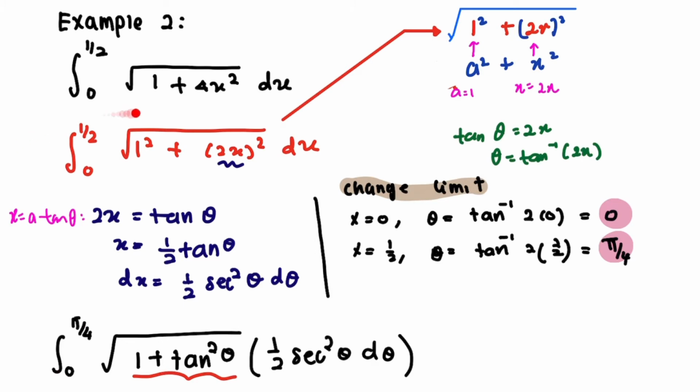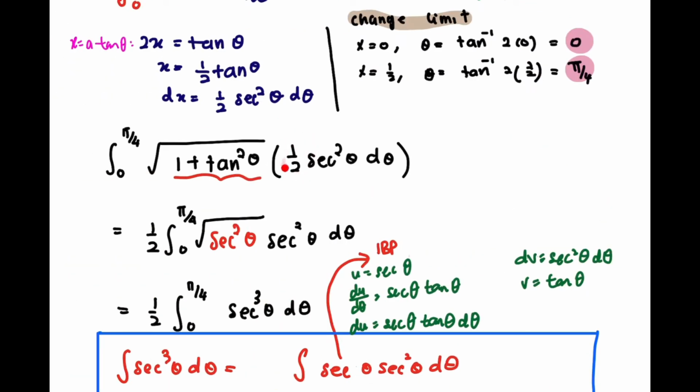Now let's change everything in terms of theta. You have a square root of 1 plus tangent squared theta, and your dx now is equal to 1 over 2 secant squared theta d theta. Now half is a constant, so let's take it out. And 1 plus tangent squared theta, you have this in the trigonometric identities.